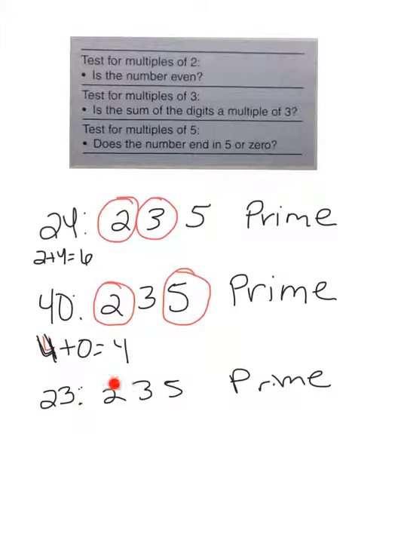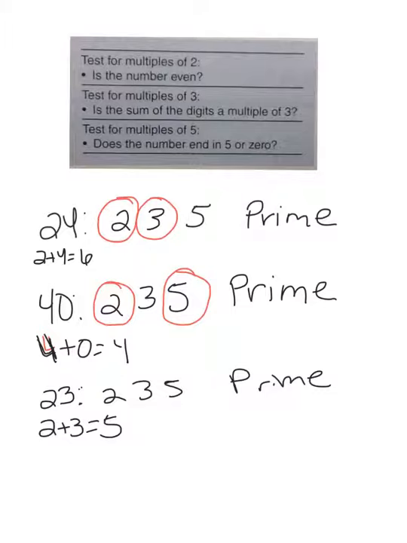So it is not a multiple of 2. Next, I'll check 3 by finding the sum of its digits. 2 plus 3 equals 5. Is 5 a multiple of 3?